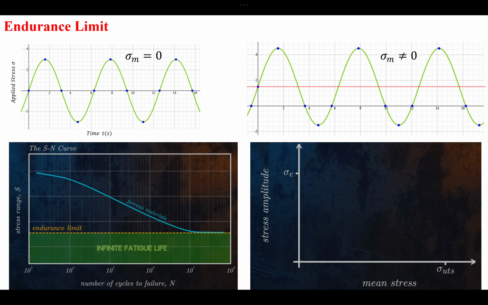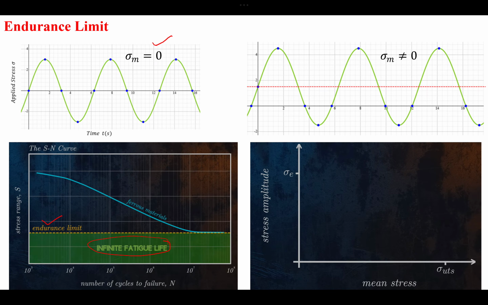Now, this endurance limit is good enough, and we can actually get infinite fatigue life in this case. But the issue is this is specifically designed for a cyclic, fully reversed cycle where mean stress is equal to zero. Okay, so if your mean stress is not equal to zero, then it is a big problem.